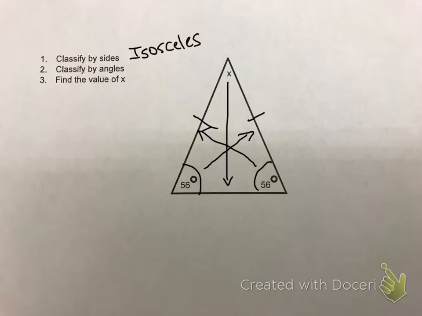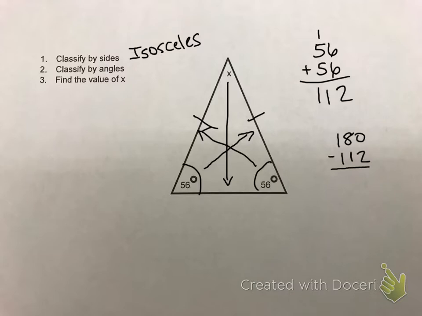To classify it by its angles, well, 56 plus 56 gives us 112, and all three angles have to add up to 180. So 180 minus 112 gives us 68.